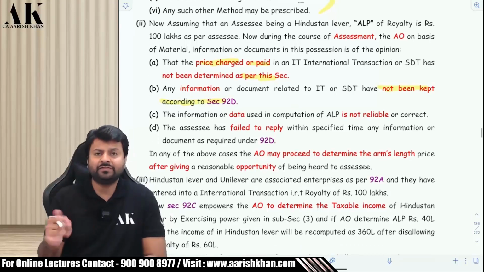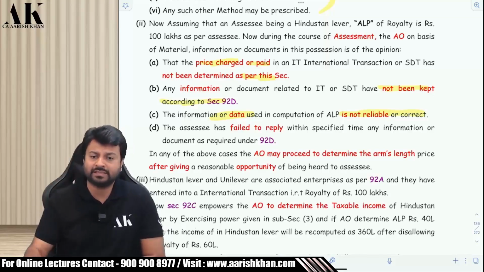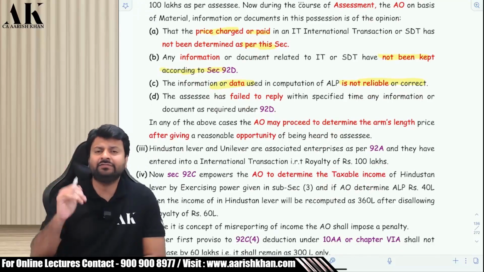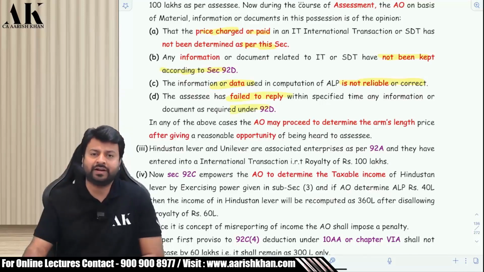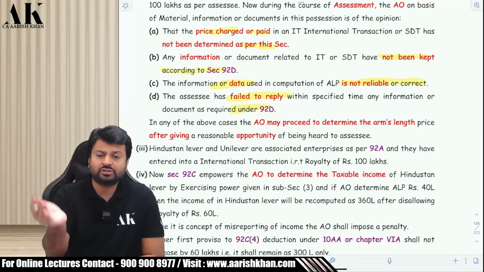Or he has the opinion that the data you have collected for computation of arm's length price is not reliable or not correct, so he can compute the arm's length price at his end. Or he has asked for information from the assessee and the assessee has failed to reply within the time specified under 92D. If any of the four things is happening, he will send you a show cause notice.